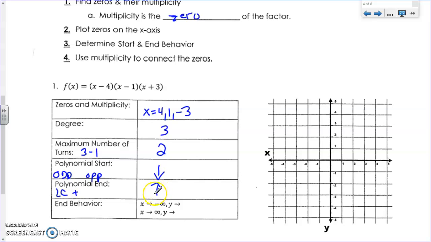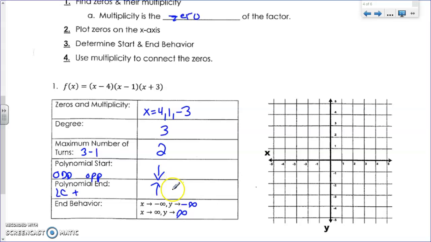Does everybody understand that? So if it starts down, as that's on the left side, as x goes to negative infinity, y is going to negative infinity because it starts down. As x goes to positive infinity, y is going to positive infinity because it's ending up. Does that make sense?